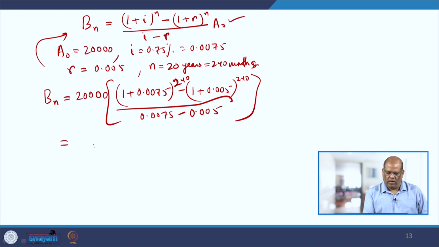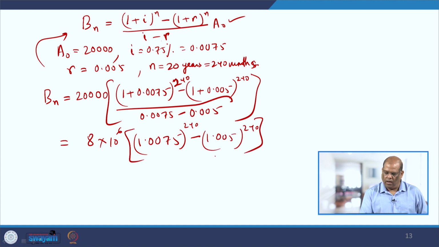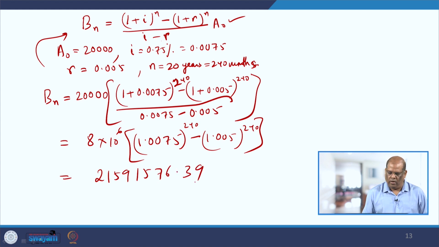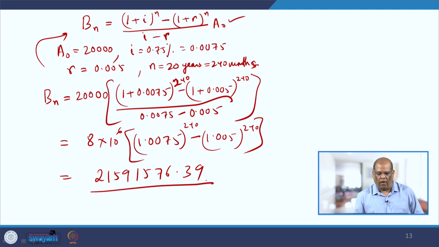If you simplify this, it will come to 8 into 10⁶ times [1.0075²⁴⁰ minus 1.005²⁴⁰], and if I multiply this, I will get the answer as 21591576.39. So, almost more than 2 crores that he will get after 20 years.